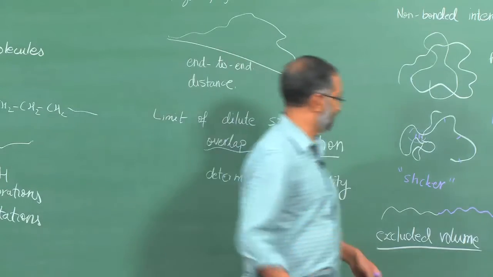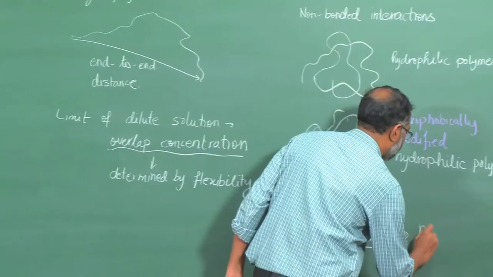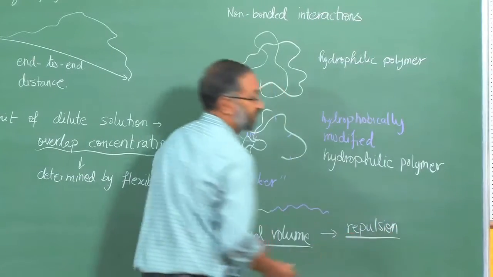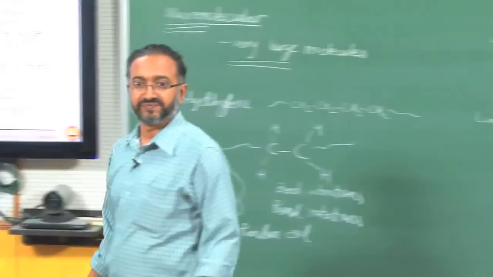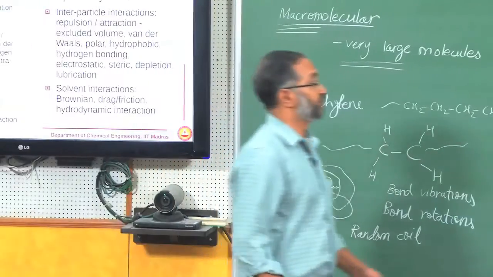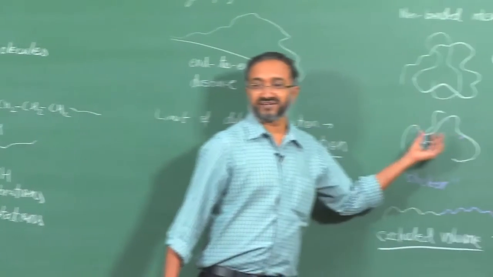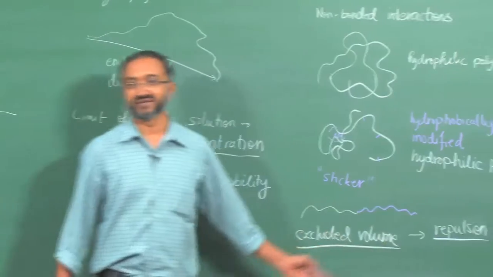So, this is called excluded volume, and this is generally a repulsion between electronic clouds of a macromolecule or any other molecule also. So, you might have attractive interactions like hydrophobic interactions, which are attractive, and then you also have repulsive interactions.